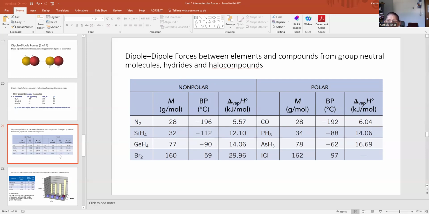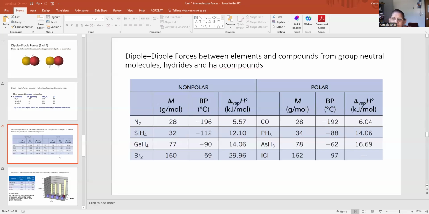The enthalpy of vaporization is 6.04. Then we come down to silane, SiH4, 32, boiling point 112. The delta H of vaporization is 12.10 kilojoules. And as we go along and down, you can see the enthalpy of vaporization gradually increases.